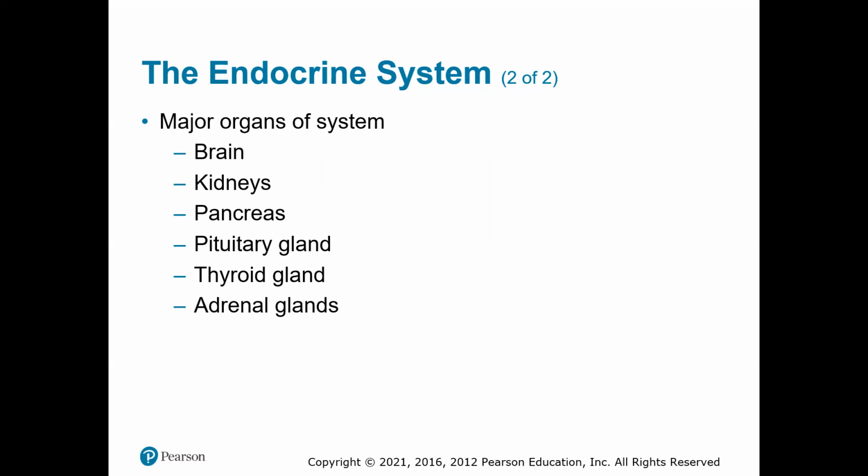This is how we grow our height. This could be like growth hormones. This will be regulation of iodine in our body. This is the release of adrenaline in our adrenal glands. This is our insulin levels. There are so many different hormones that are created through these major organs in this system.